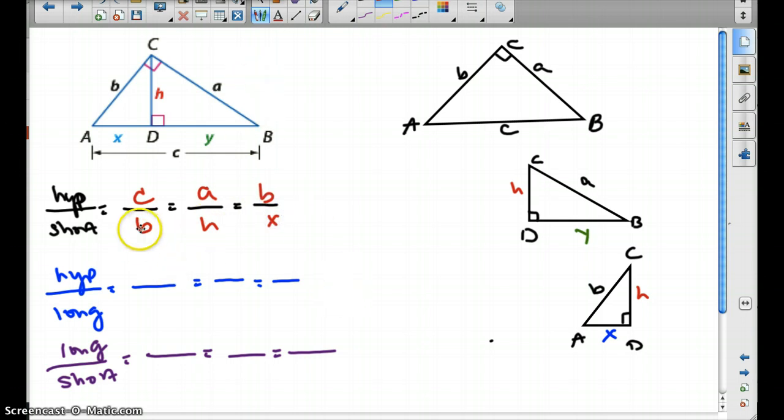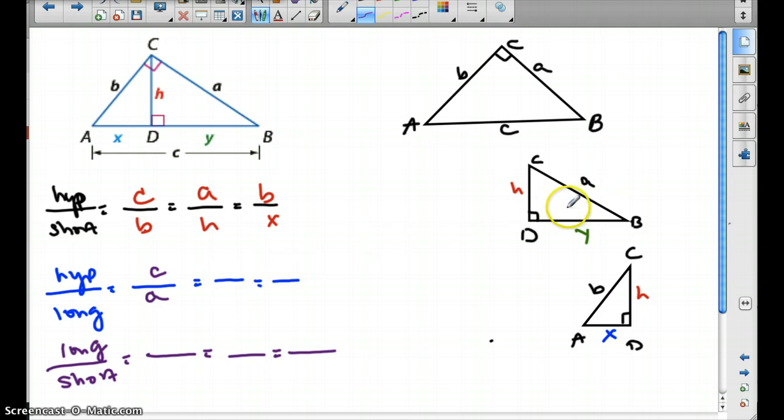Ooh, and look at this. We have B and B. That looks familiar, doesn't it? We did that in the geometric mean where it was X and X, so it looks the same. And here's the hypotenuse. So here, of the first one, we had C over the long leg, which is A, that's the long one.